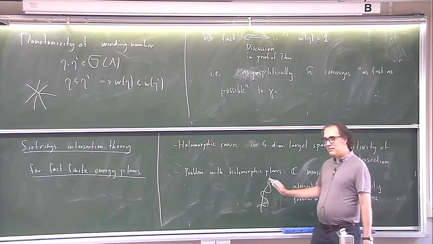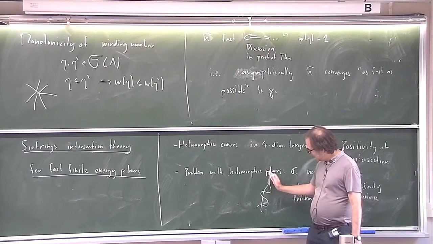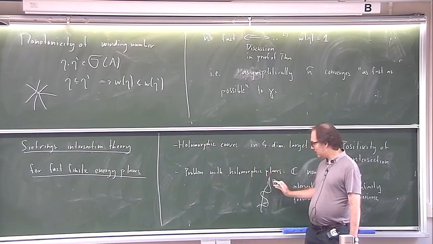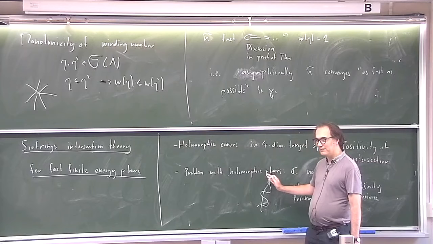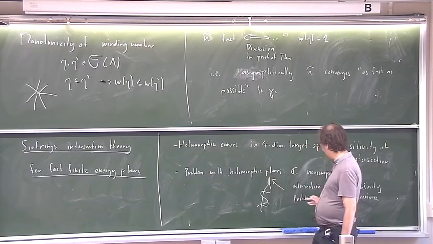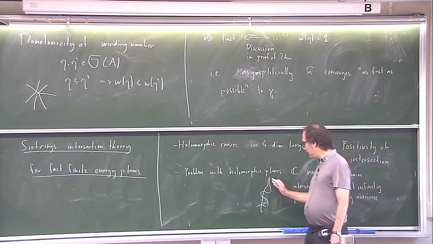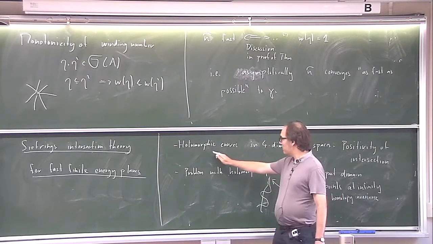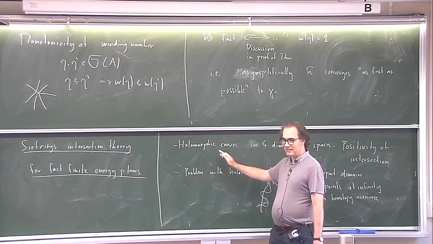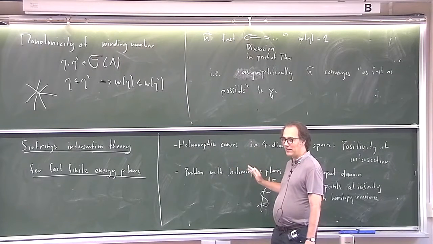Now, what Siefring does, he perturbs a bit, so he makes the asymptotics different. Then he gets homotopy invariance, but because he perturbs, it's not holomorphic anymore everywhere.